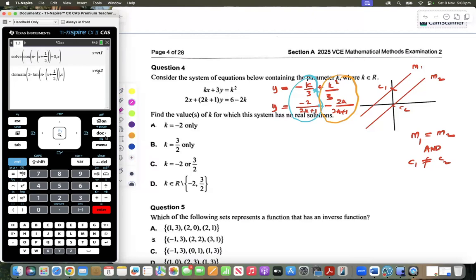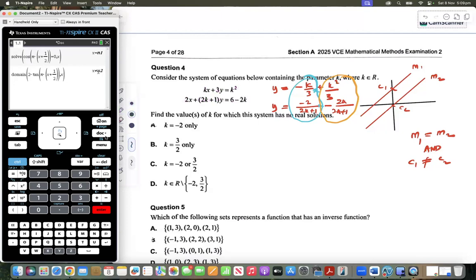So your first coefficient, k on 2, should be equal to 3 over 2k plus 1, and k squared over the second coefficient, which is 2, should not be equal to... let me repeat it.